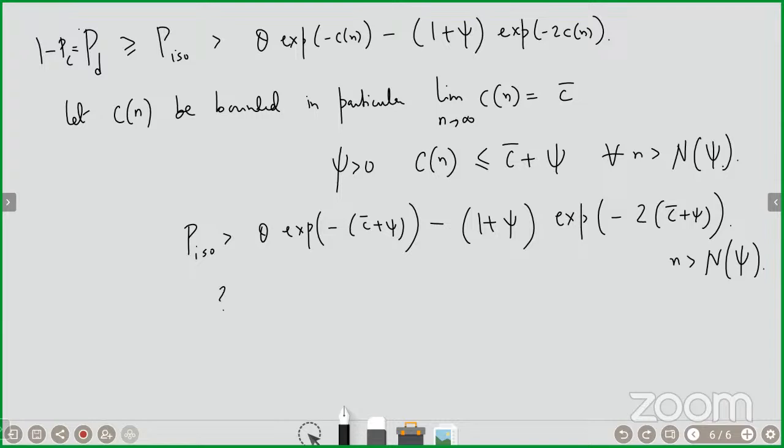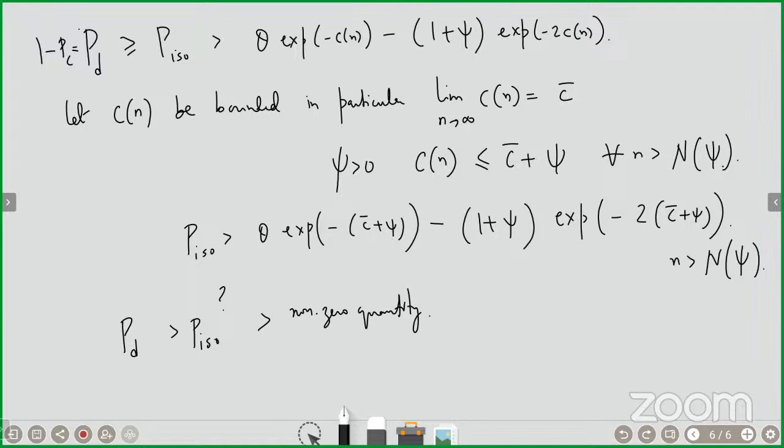This implies that c bar is... hold on, the right word to use. That never goes to zero. So that is why this limit cannot exist. It had better go to infinity. How it goes, it doesn't matter.